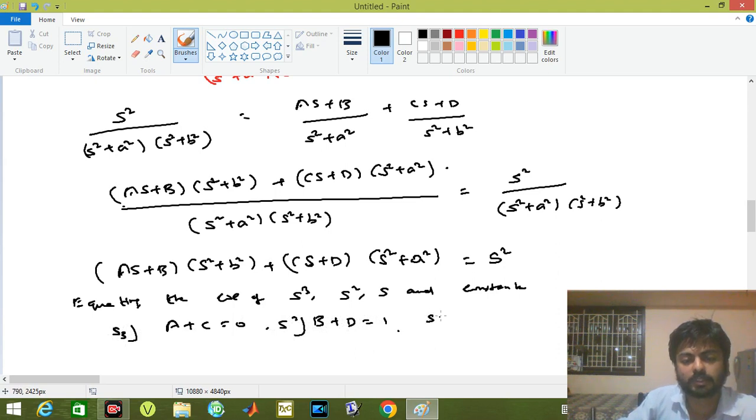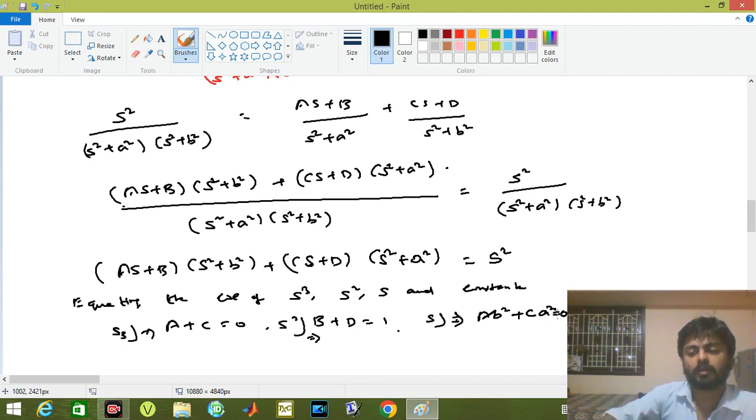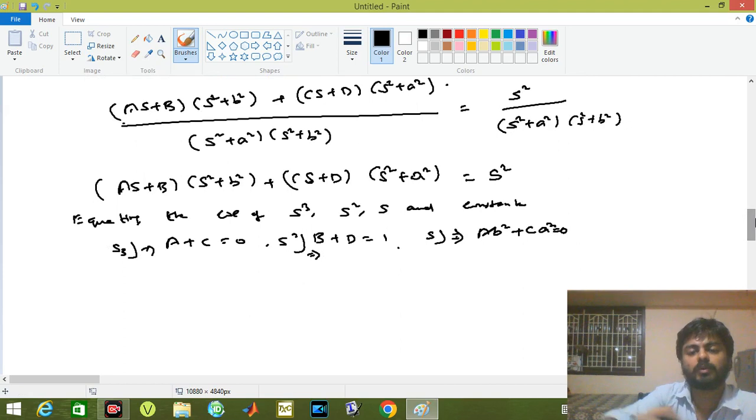For s you will have a b square plus c a square equal to 0, and for constant you will have b b square plus d a square equal to 0. Okay, this is for constant.